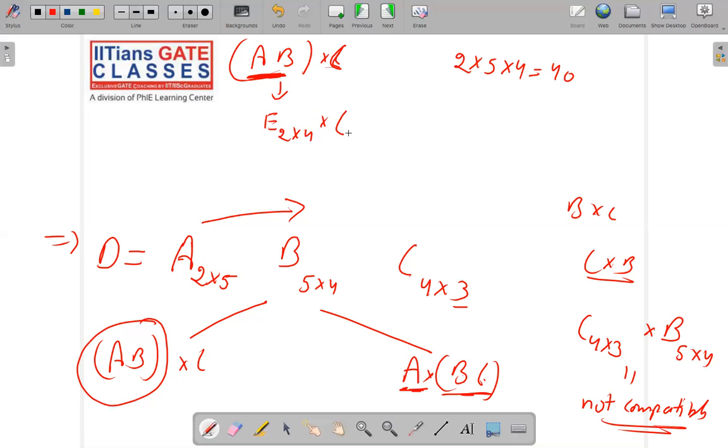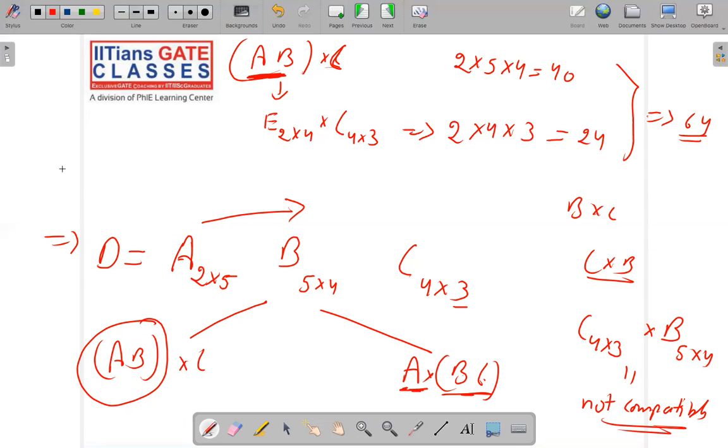You multiply it with C 4/3. So its effort will be 2 multiplied by 4 multiplied by 3. How much is it? 24. So what is the total effort? Total effort is 64. Okay, 64 here. Right? So this is the total effort.